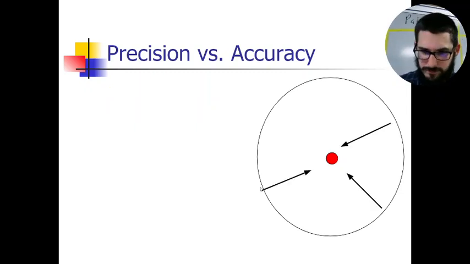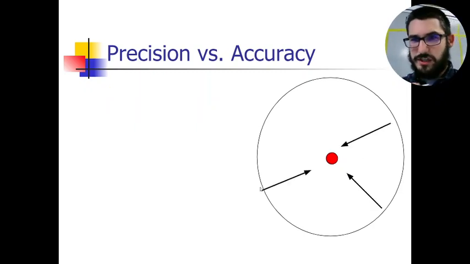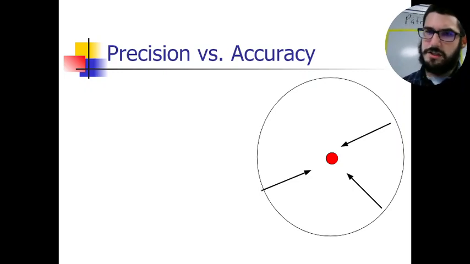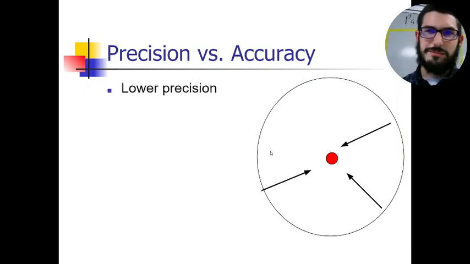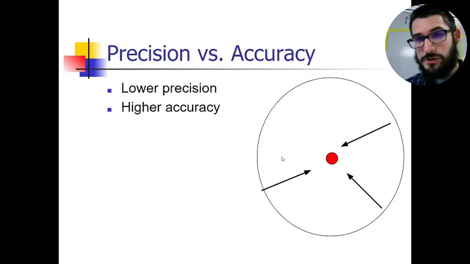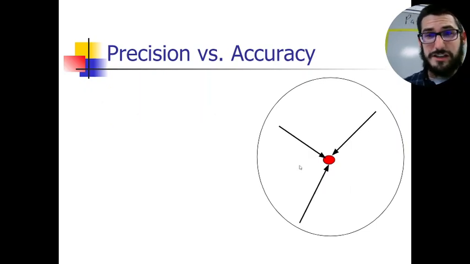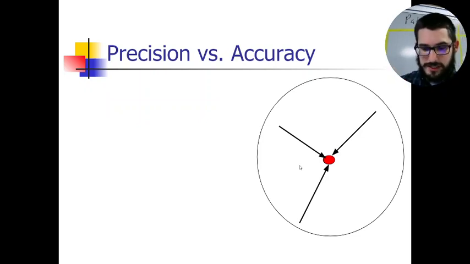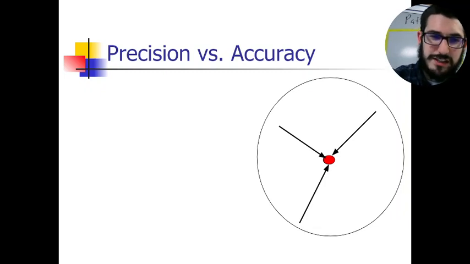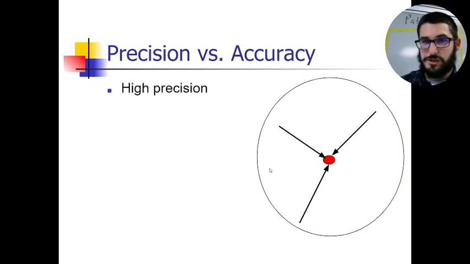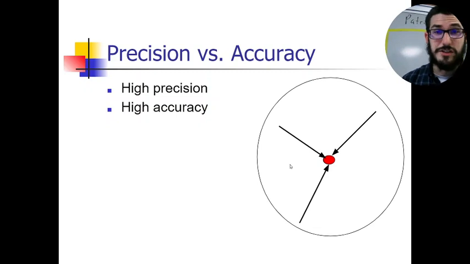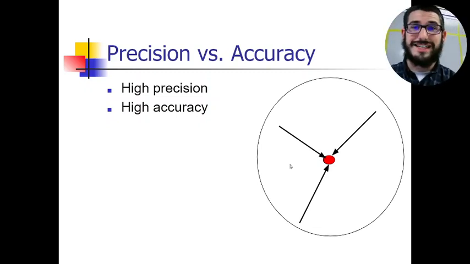And if you've got something closer to this where they're a little bit more spread out, that means there's lower precision, they're further from each other, but they are averaging around that accepted value, the bullseye, so higher accuracy. This one right here, they're really close together and all right on top of that bullseye, so that's going to be high precision because they're close to each other, high accuracy because they are close to that accepted value.